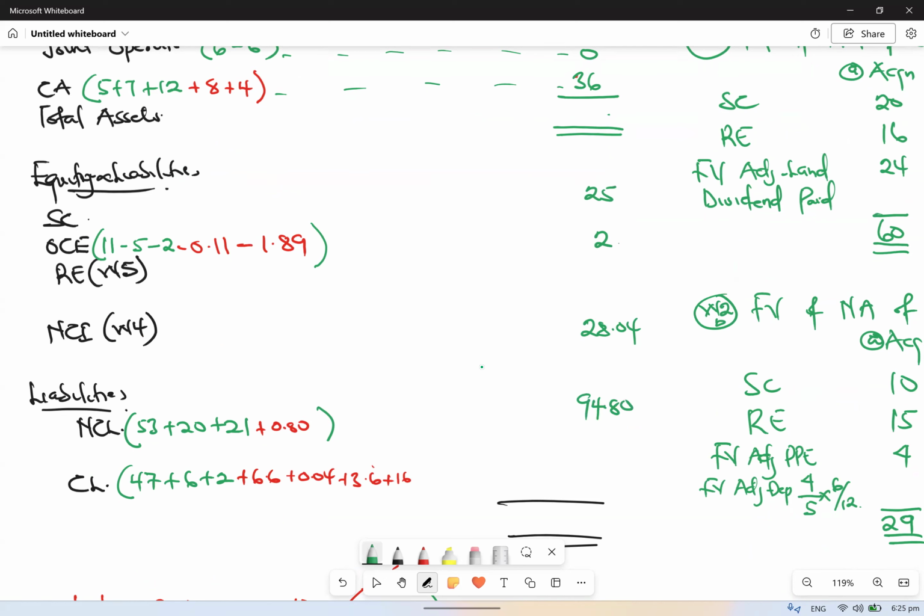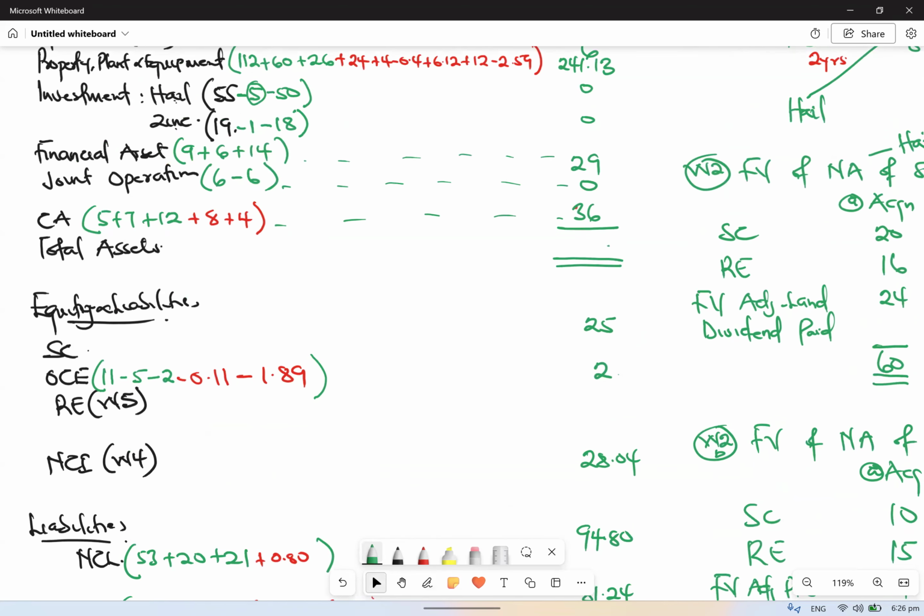Then 47 plus 6 plus 2 plus 6.6 plus 0.04. What is this one? Was it the 3.6? That's plus 3.6, eh? Plus 3.6 plus 16. That is 81.24.